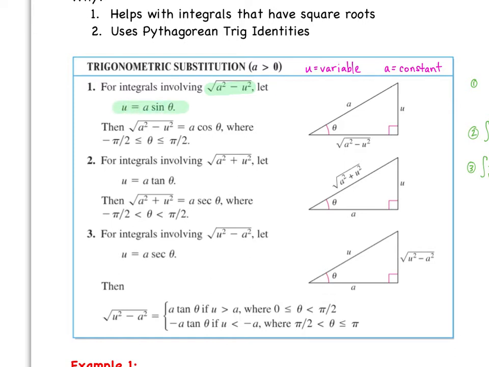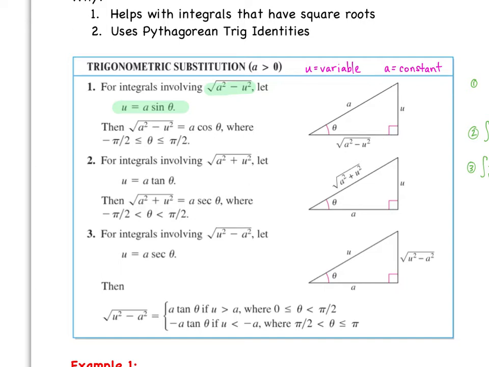Keep in mind we'll be in quadrants 1 and 4, and then we'll be able to use cosine. So we'll be able to use a trig substitution there, and then we'll set up our triangles and go from there. That will help us when we're substituting everything back.